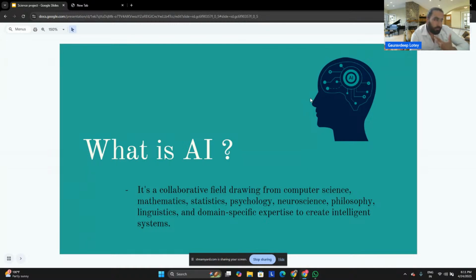AI is a multidisciplinary field, right? It's not only related to computer science, it's related to so many other fields. Could be mathematics, statistics, philosophy, psychology, much more. At least 7 or 8 important pillars of different fields, different subjects coming together, and they build the concept of AI, which I will quickly talk about.